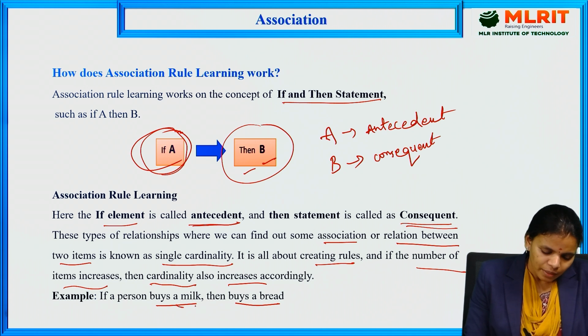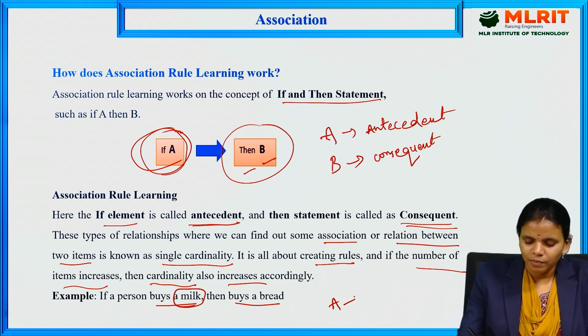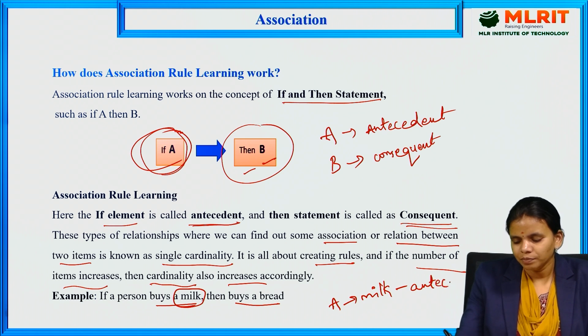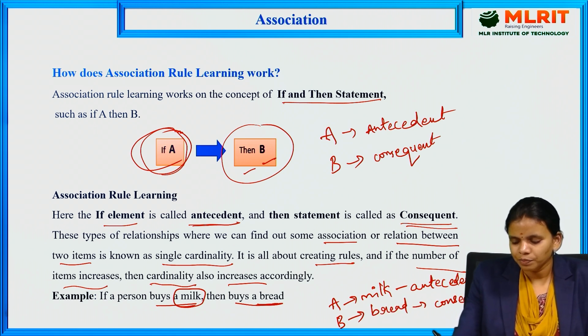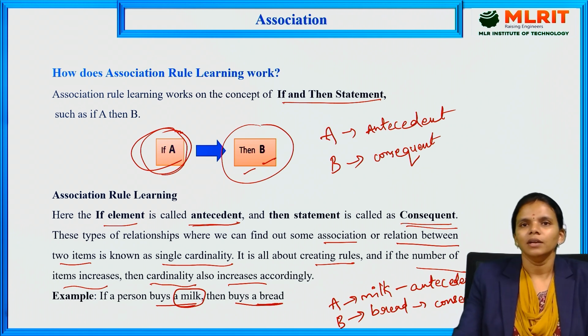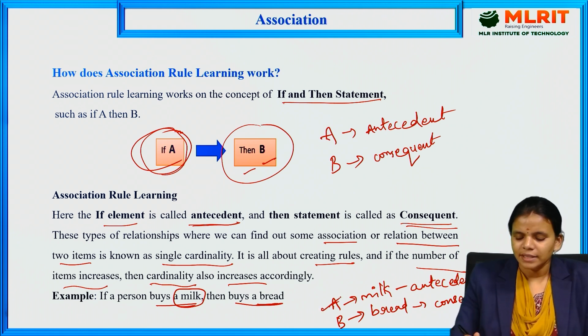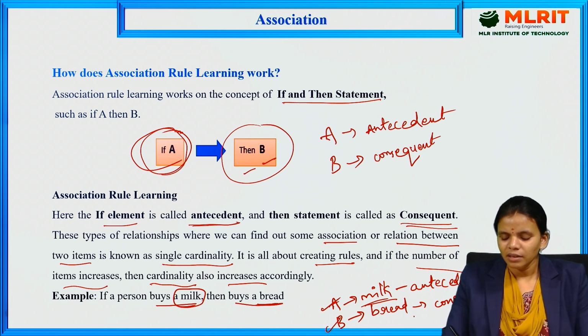Now milk is A, that is the antecedent, then buys bread also, meaning B is bread, that is the consequent. So now A is the antecedent, that is, if a person buys milk, then he will buy bread also.